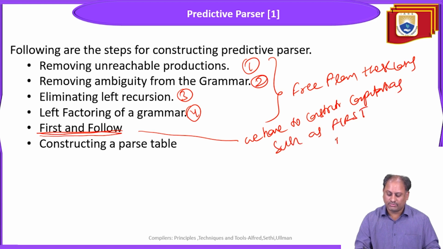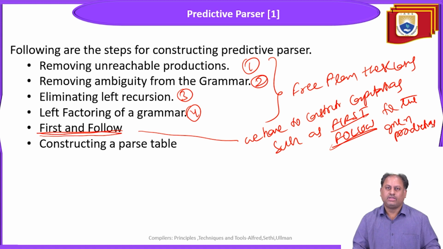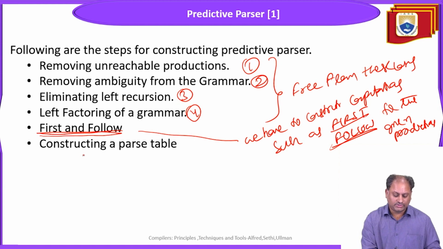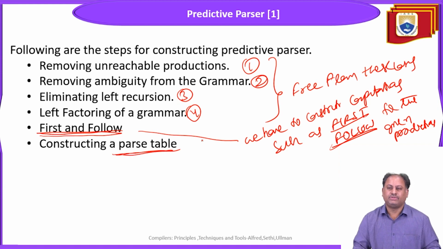So first is one computation and follow is another computation for the given grammar, first and follow for the given productions. So this we will see as a separate topic in the next session. After that, we can implement this parse table, and then we can say that the predictive parsing table is concluded for this.